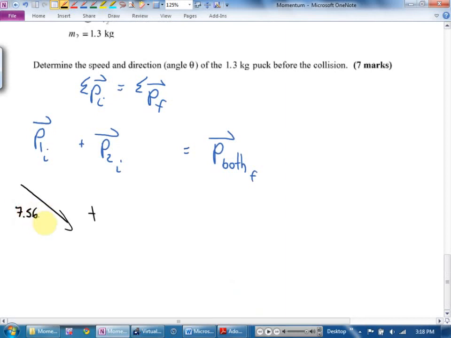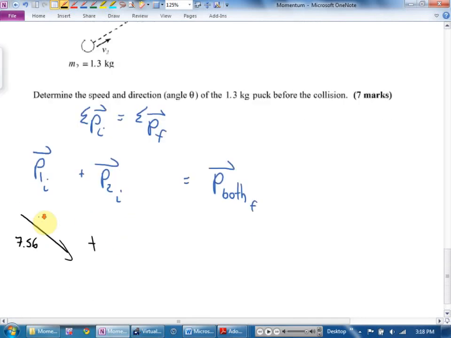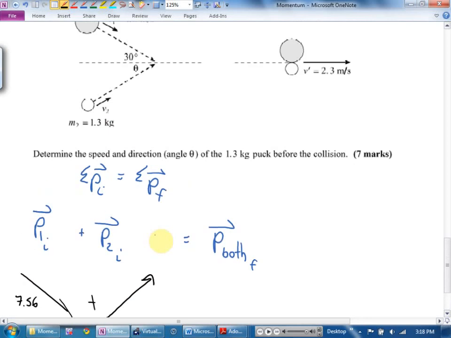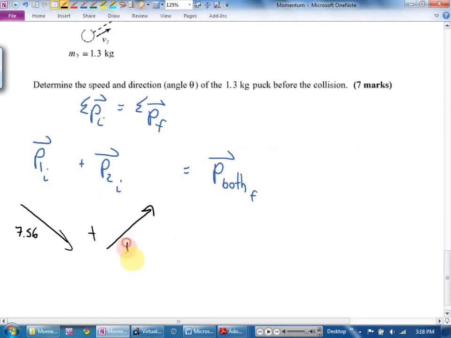Oh, yeah. Okay. And mass 2 is coming in like this. Mystery angle, but we know, oh, and mystery velocity. So I'll just call it momentum 2 initial, don't know, equals, I do know by a rare fluke that momentum final is dead horizontal, which is convenient.